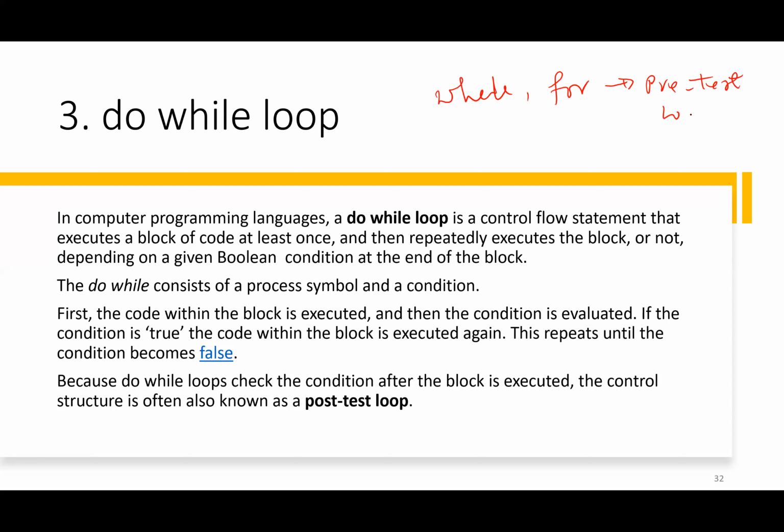This means that for while and for, the condition is tested before execution, but in do while, the condition is tested after the execution.